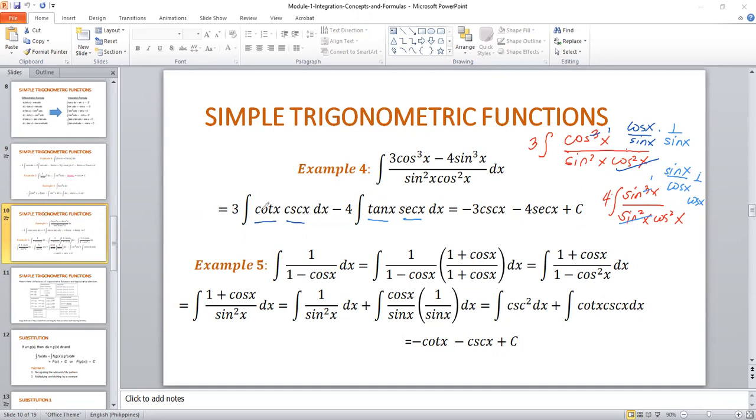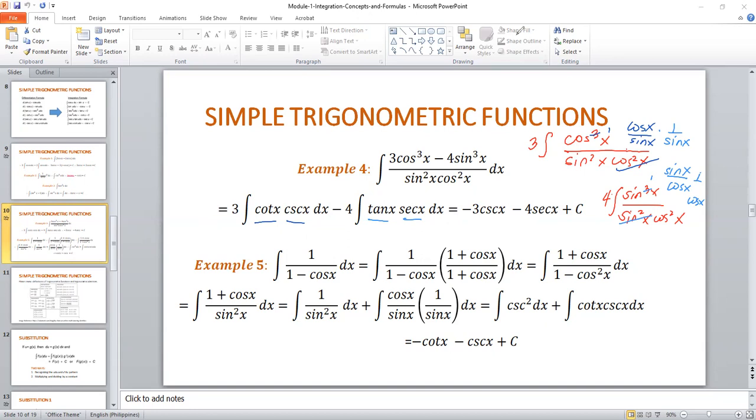Now you could see that cotangent cosecant is actually negative cosecant x and tangent secant is positive secant x. It's part of the formulas that I have shown to you a while ago. Cosecant cotangent gives you a negative cosecant, secant tangent gives you a secant. So this one now can be integrated, where the original that was given to you cannot be integrated.